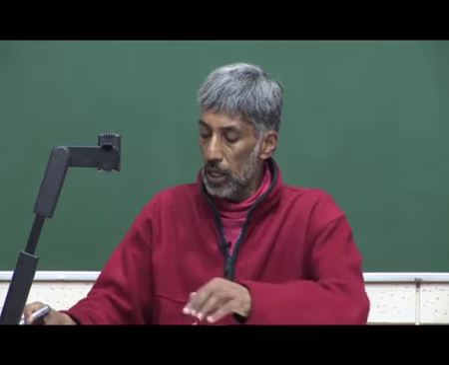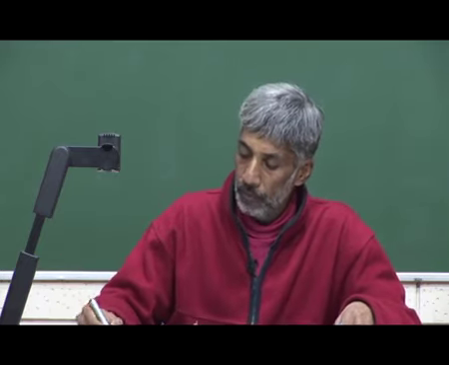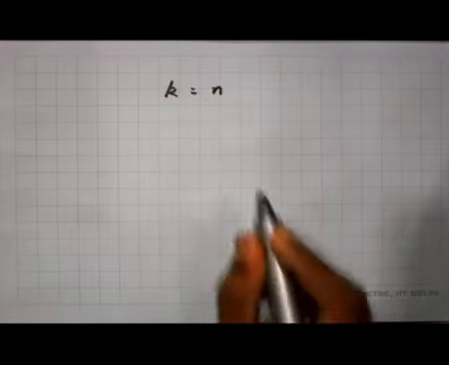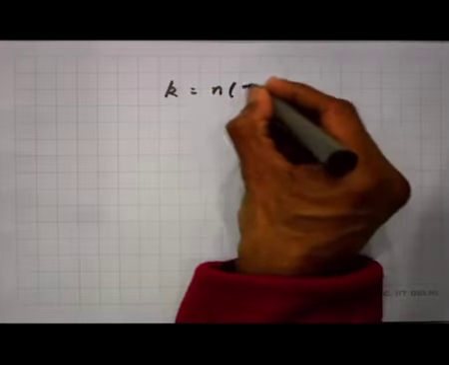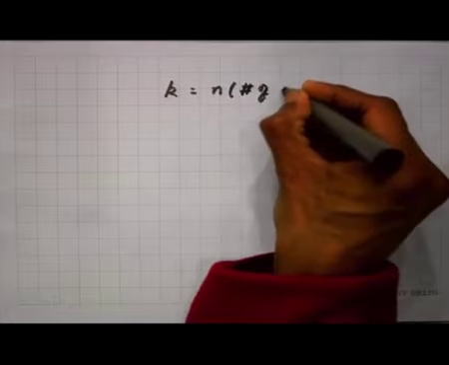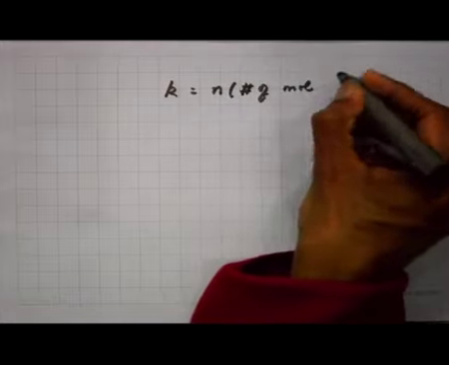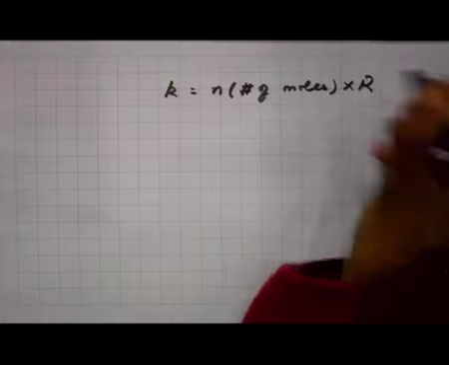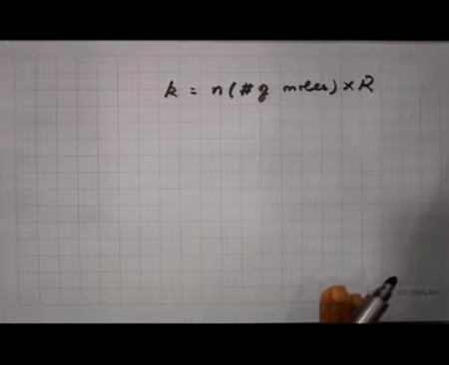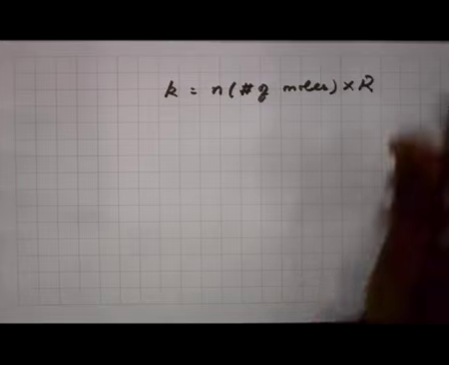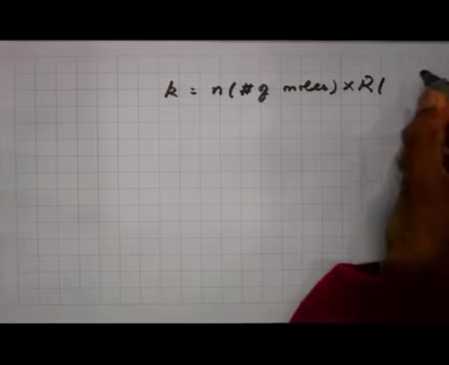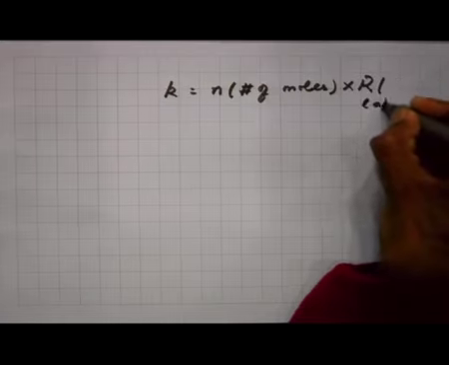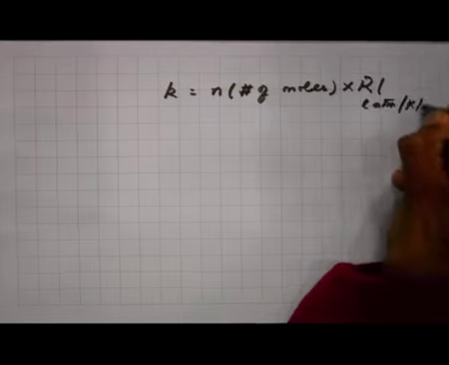So, we can now say that K will be n, where n is the number of moles of the gas, times a constant which we call R, which will have units of liter atmosphere per Kelvin per mole.